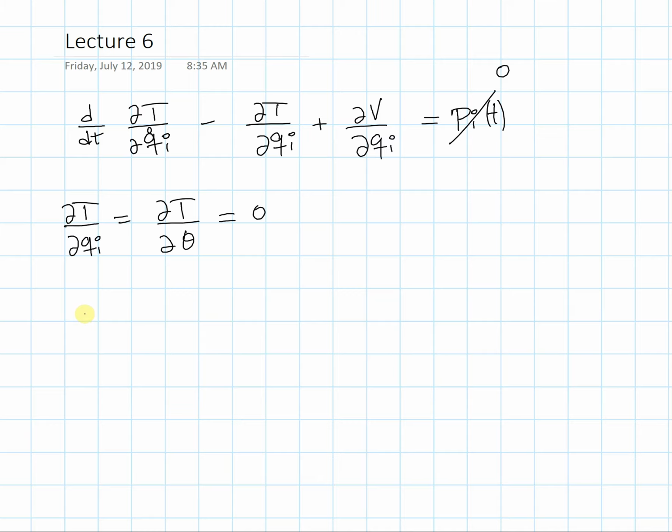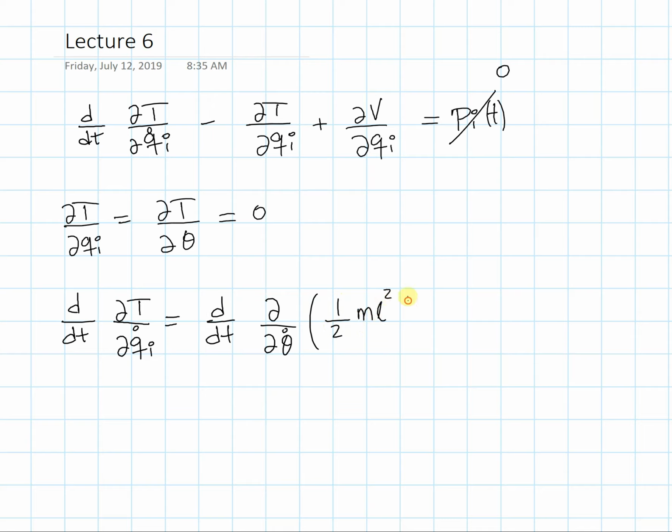Okay, so what I want to do now is to focus on the first term. With the first thing, we have d over dt and this partial term. So we've got d over dt, and we're taking partial derivatives with regards to theta dot, and so we're doing one half m l squared theta dot squared.